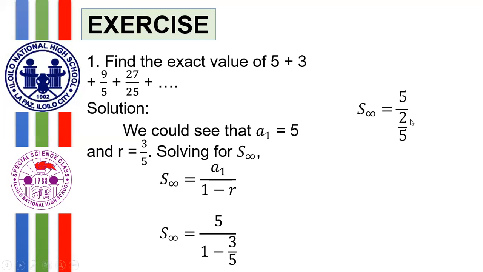If you are dividing by 2/5, that's the same thing as multiplying by 5/2. So this becomes 5 times 5/2. That's 25/2 or 12.5. I hope you got 25/2 or 12.5 or 12 and a half. And if you did, great job.